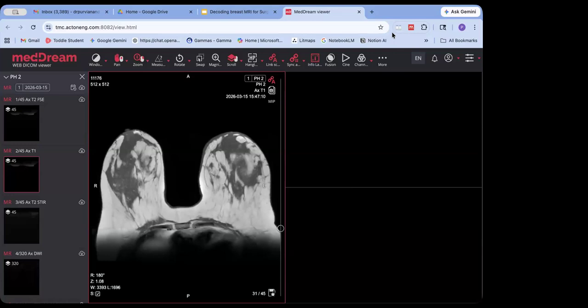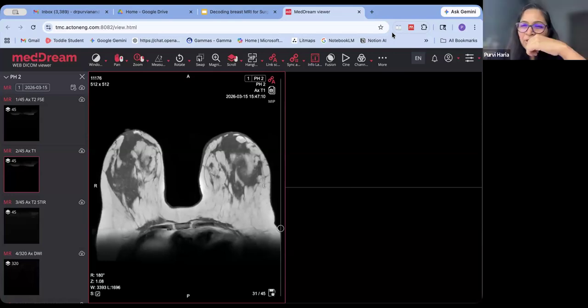I also would like to know if these cases of NME have some subtle clues on ultrasound. How often are they seen on a second look ultrasound? So we do go down and see multiple times. Sometimes we do find subtle areas of those non-mass areas on ultrasound.